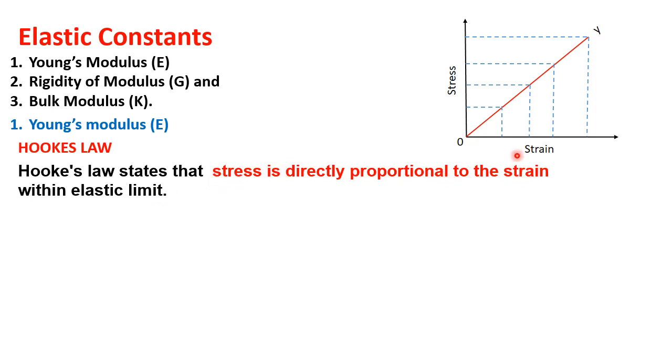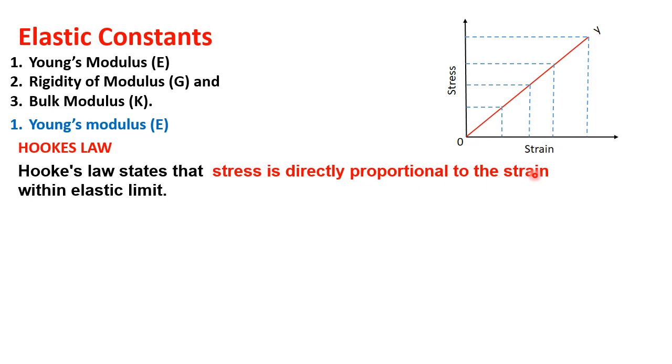In this graph you can see that at this level the stress is 0 as well as the strain is 0. When we increase the stress, the strain will also increase.